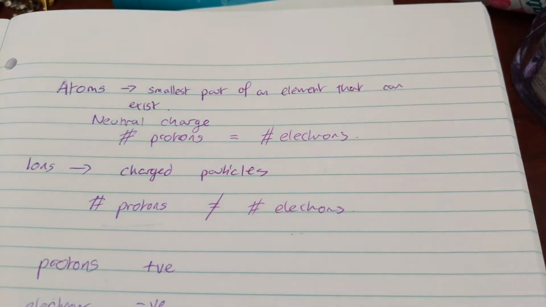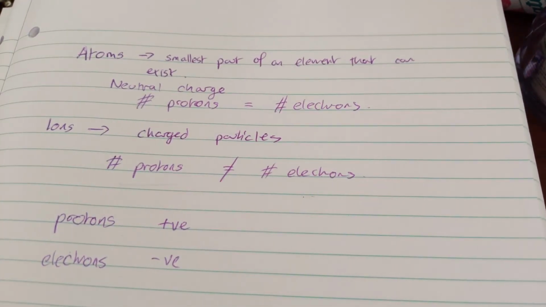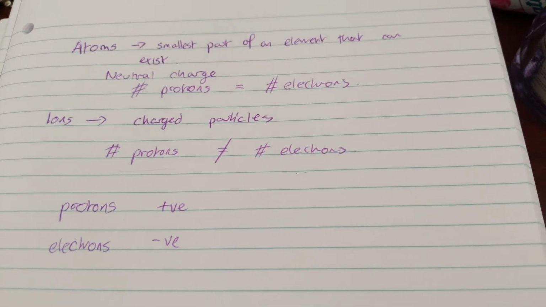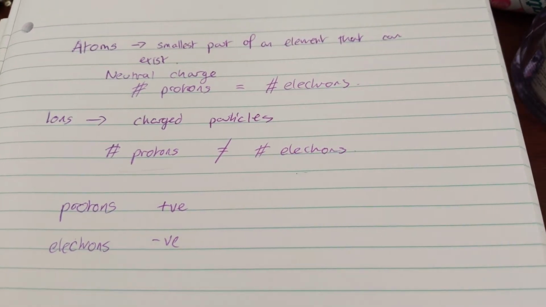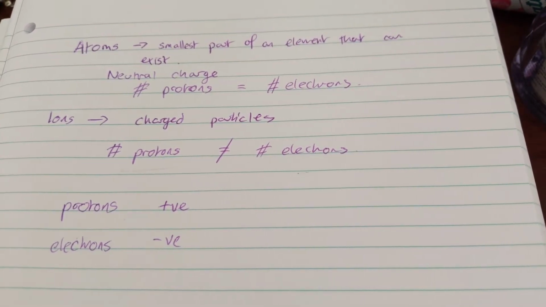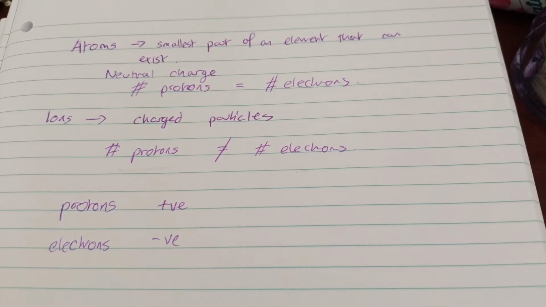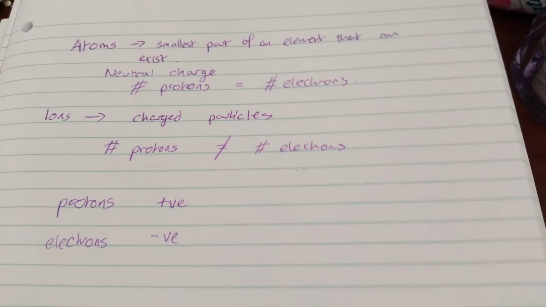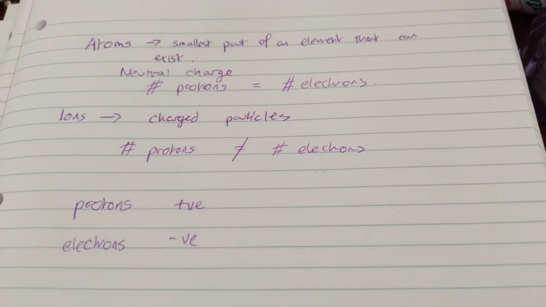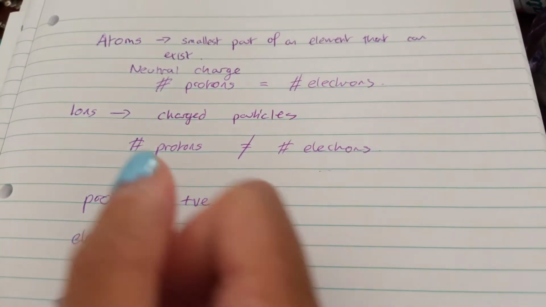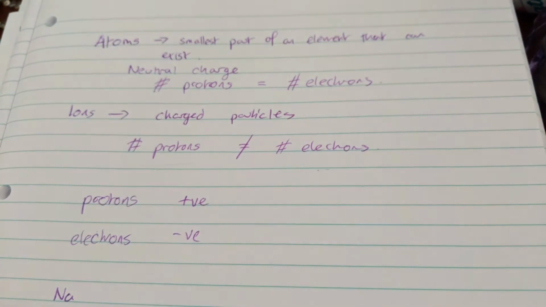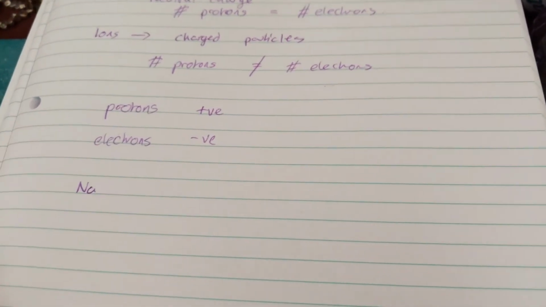Now atoms also have neutrons within them, but we do not need to worry about neutrons just for the purpose of this explanation. So we're going to go through drawing two types of ions today, so positive ions and negative ions. So I'm going to pick an element from group 1, which is going to be sodium, and I'm going to pick an element from group 7, which is going to be chlorine.